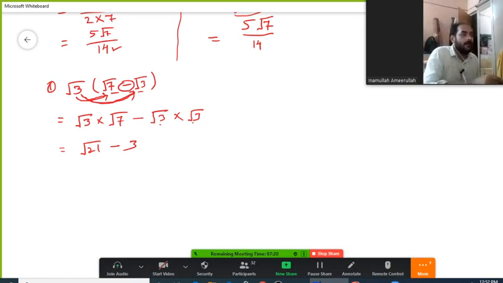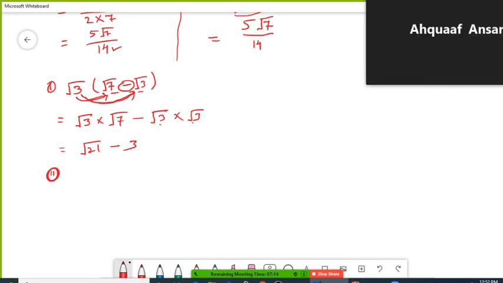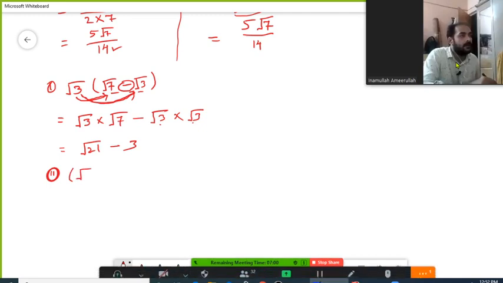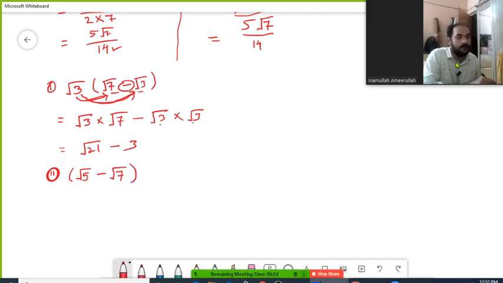Now let us take one more example. Second one, root 5 minus root 7, and we need to multiply this bracket with root 2.